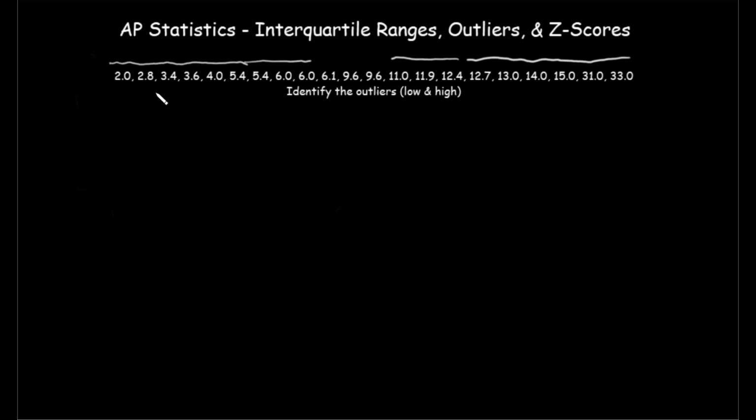Hold on, did I count this right? Okay, wait. 6, 3, and 6, 3. And you end up with 9.6 as your median. So you can write right over here that your median is 9.6, right? That's the middle of all your data.